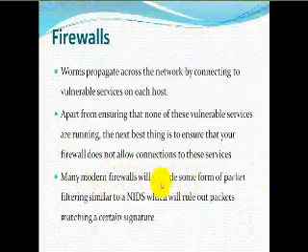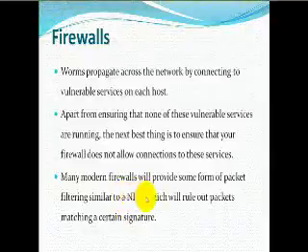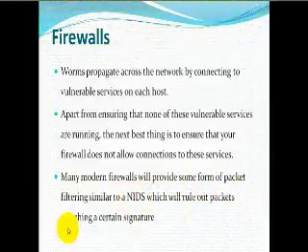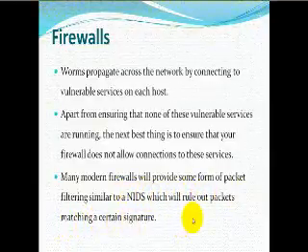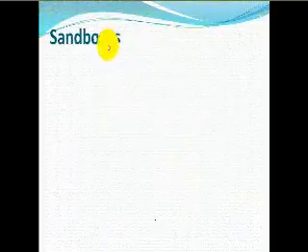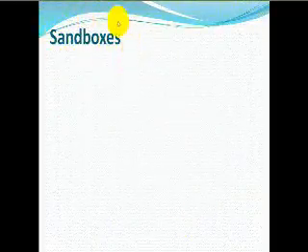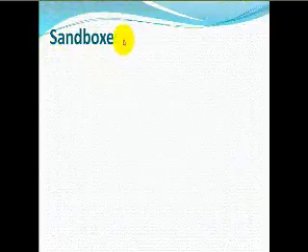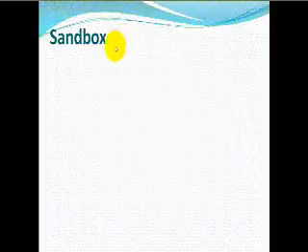Many modern firewalls provide some form of packet filtering similar to NIDS, which will rule out packets matching certain signatures. You have seen your Windows firewall. Maybe you can buy some third-party firewall for your computer system, and the firewalls monitor the network traffic.